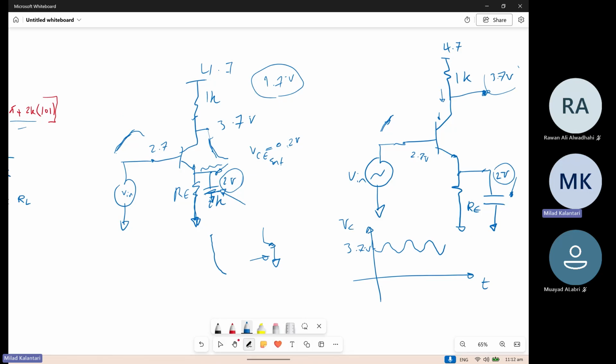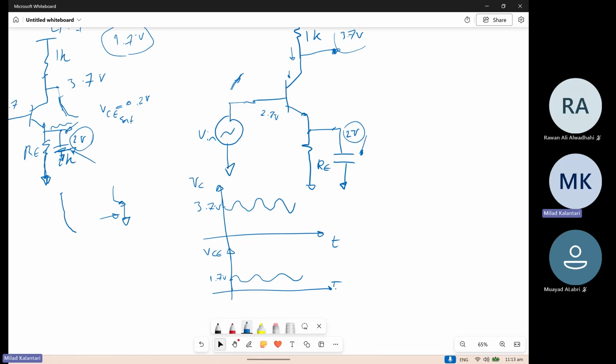Not 3.7 volt. This is changing around the 3.7 volt, right? And then the VCE is how much? VCE is actually 3.7 minus 2 volt, right? VCE is initially 1.7 volt, right? And then it is varying around this 1.7 volt, right? So what will happen once you are increasing the input? This variation also increases, right?